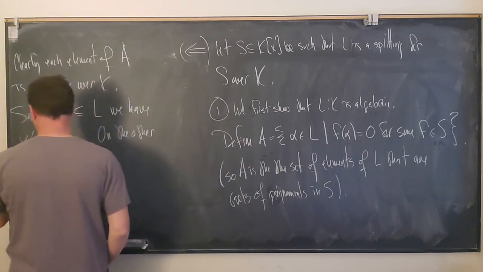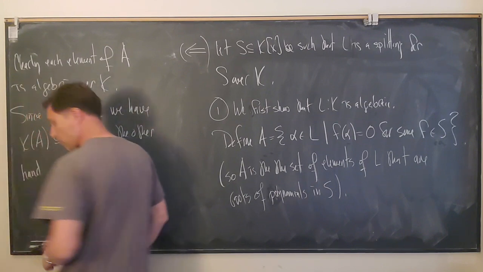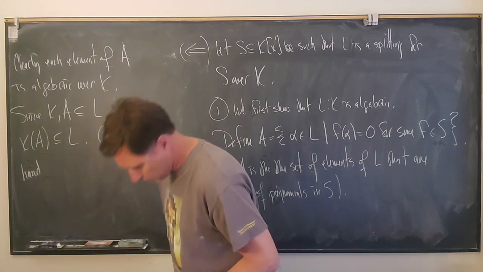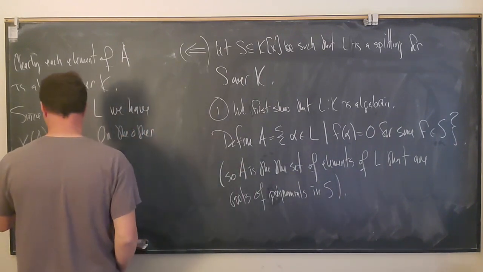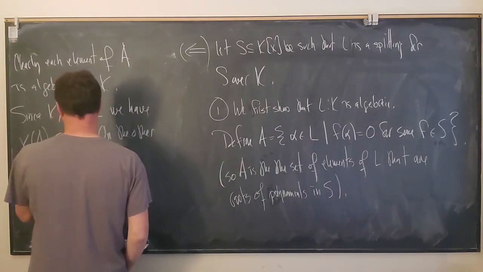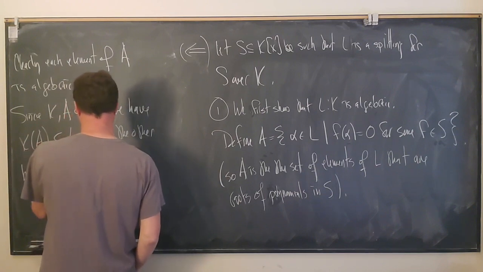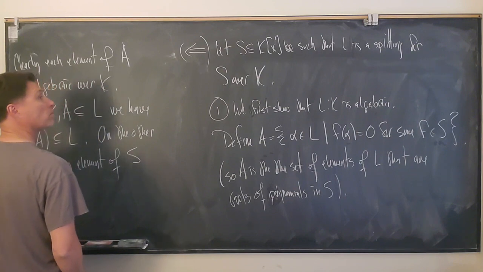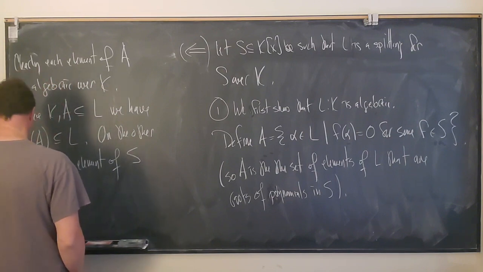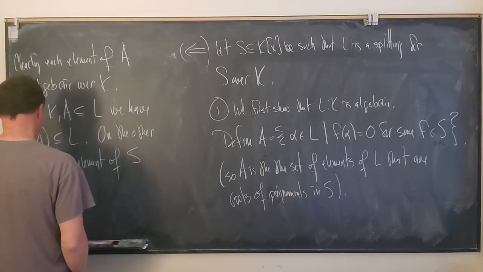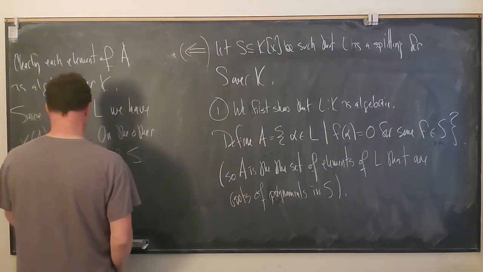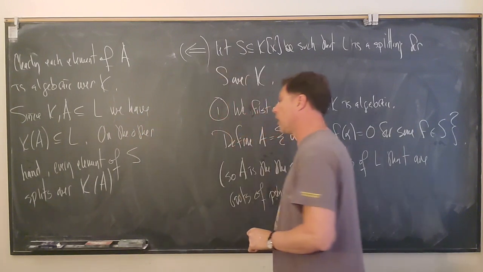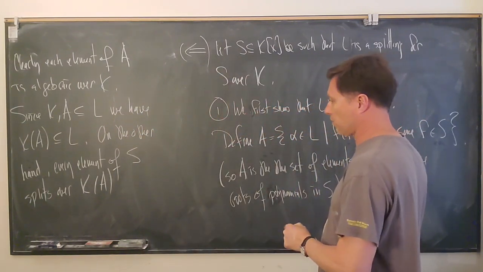So on the other hand, every element of S splits over K adjoin A. Why is that? Well, because we put all the roots in there.